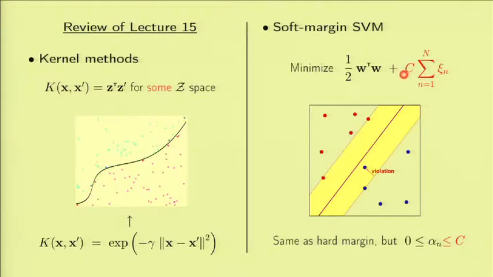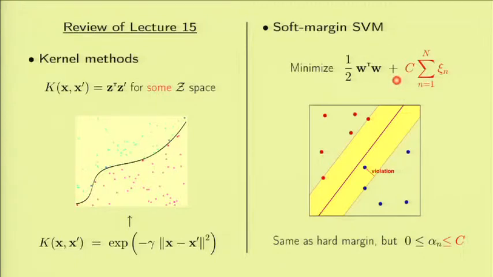And then we have a degree to which we allow those violations. If C is huge, then we don't really allow the violations. And if C goes to infinity, we are back to the hard margin case. And if C is very small, then we are more tolerant and we would allow violations. And in that case, we might allow some violations here and there, and then have a smaller W, which means a bigger margin, a bigger yellow region that is violated by those guys.